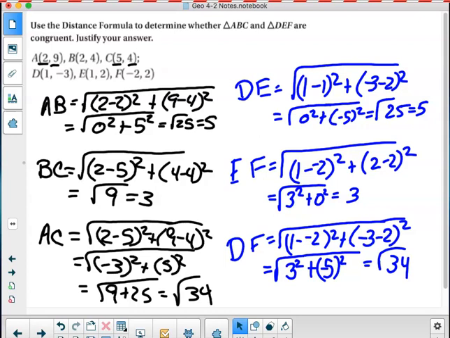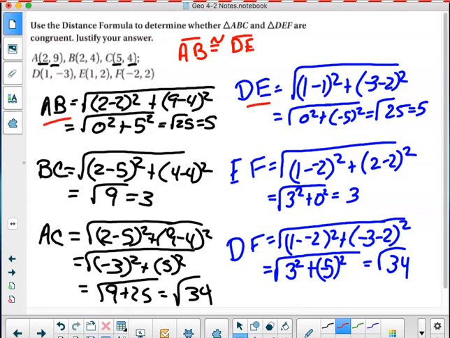Ta-da! Okay, welcome back. They're all done because you're supposed to do them on your own. But if we look this over, I know that AB is congruent to DE because these have the same measure. I know that BC is congruent to EF because these have the same measure.